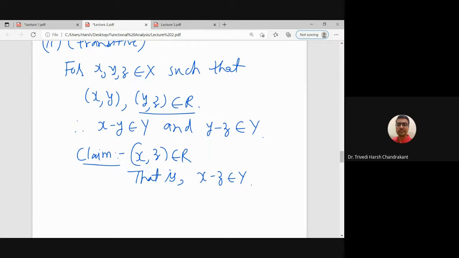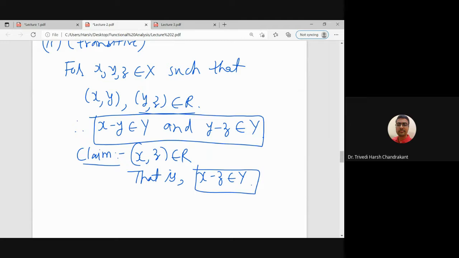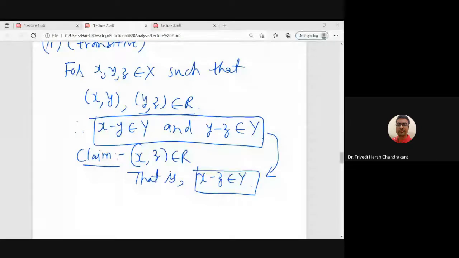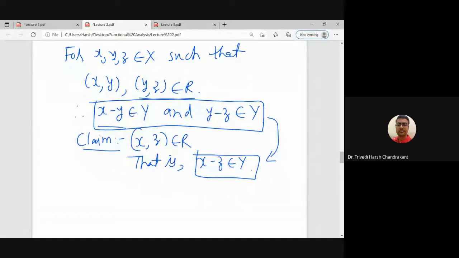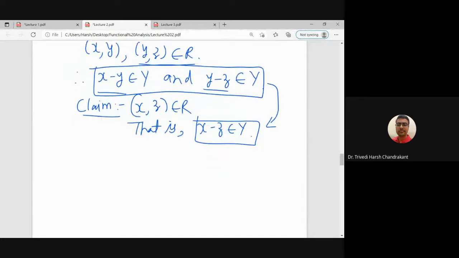Right. So what is given? Given is this condition, and we want to show the other. So can we show the other condition from this? Can we use some property of subspace? Vector addition. Right, so we can use the vector addition. If we add these elements, because Y is a subspace, it is closed under vector addition.